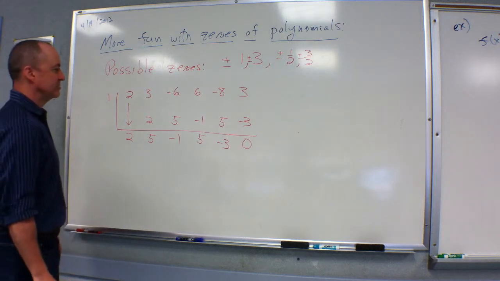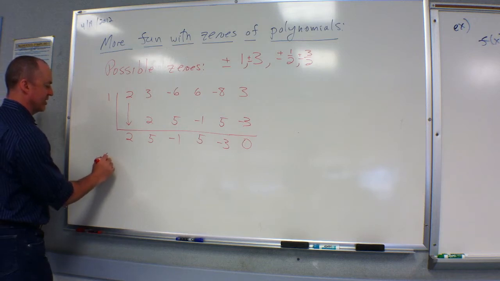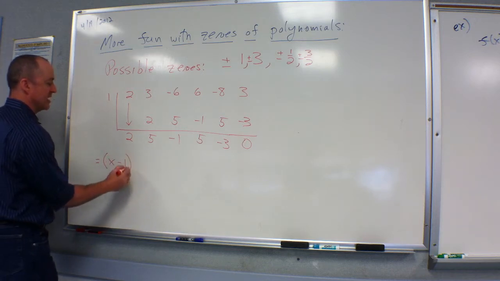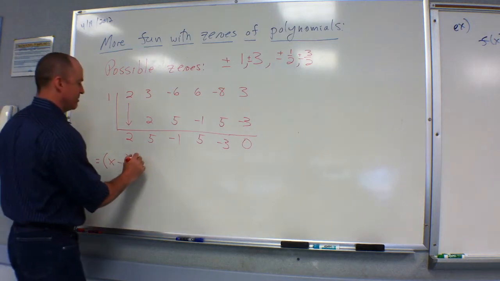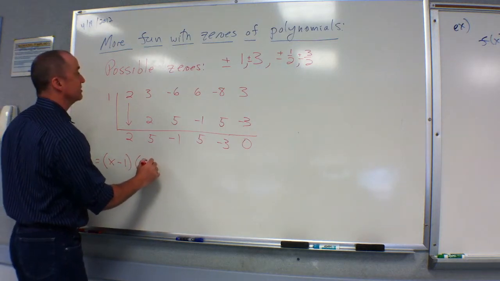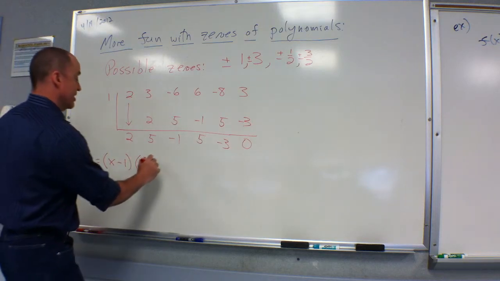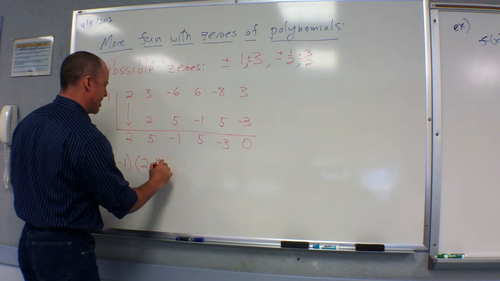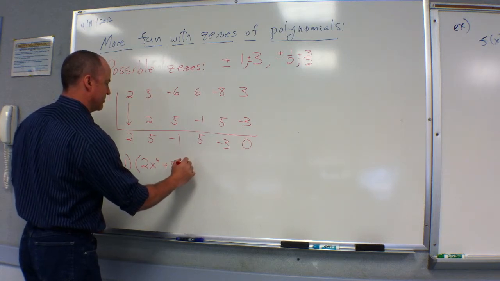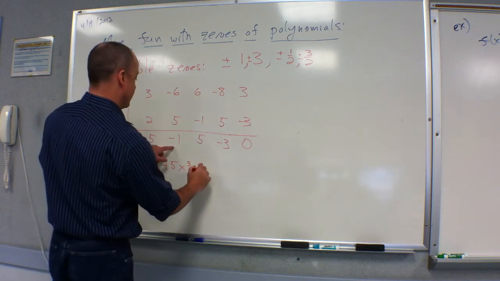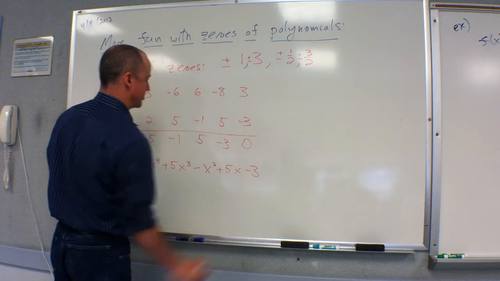Sometimes you get something helpful from this, because this now tells us that we're really looking at x minus 1 times 2x to the fourth plus 5x cubed minus x squared plus 5x minus 3.